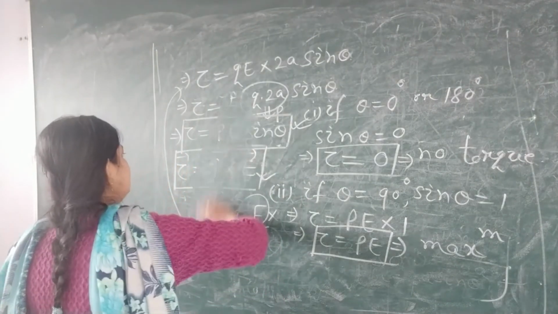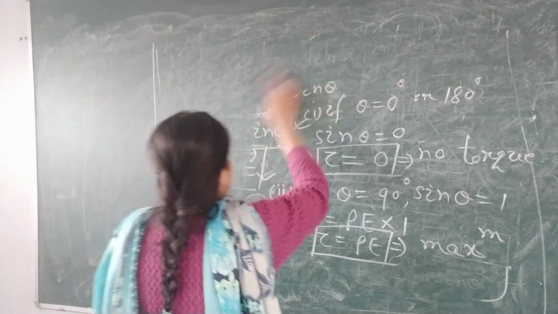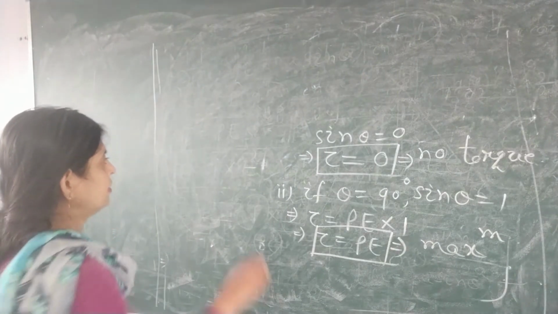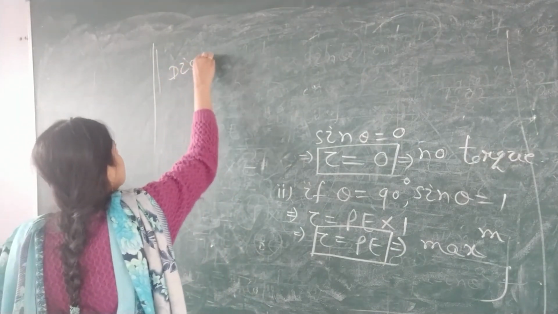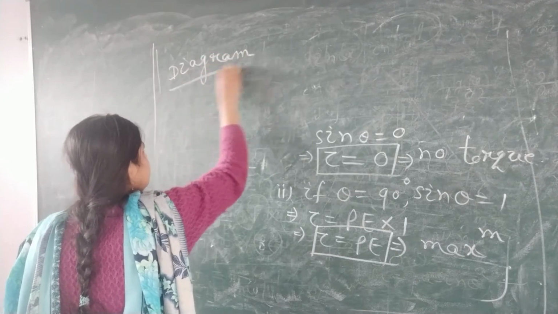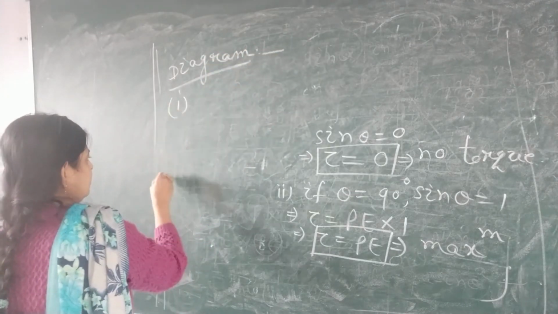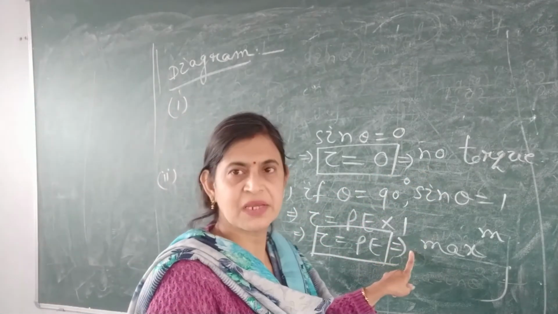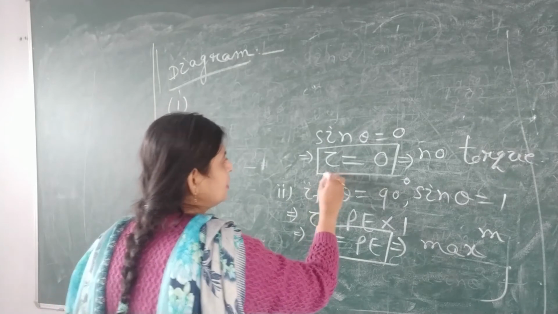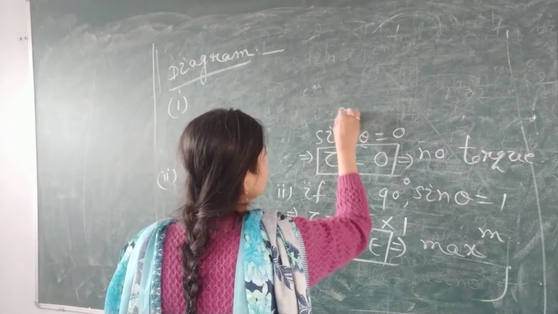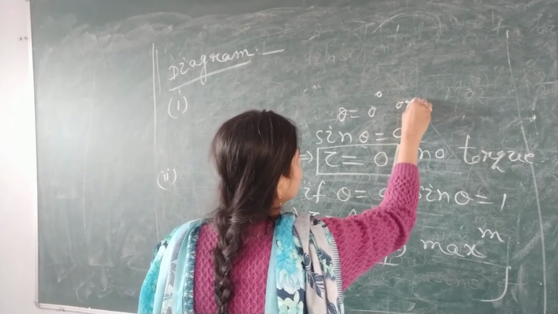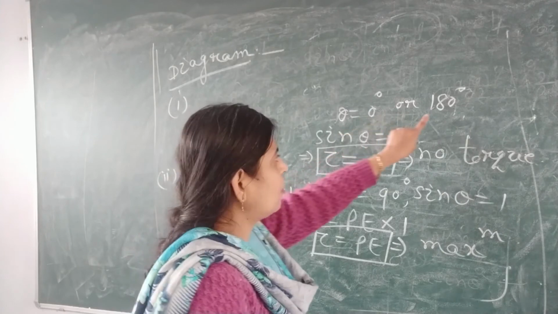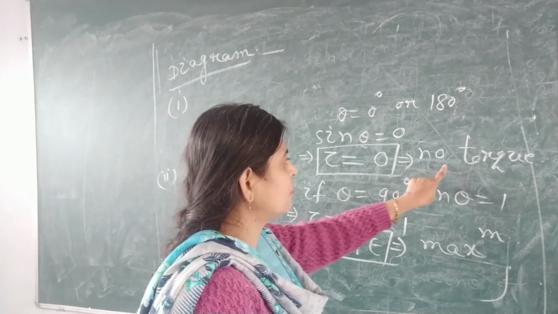Sometimes it is asked that with the help of a diagram you show where the torque will be minimum or maximum. So already we have discussed that when theta is equal to 0 or 180, meaning either parallel or anti-parallel, at that time no torque will be experienced.